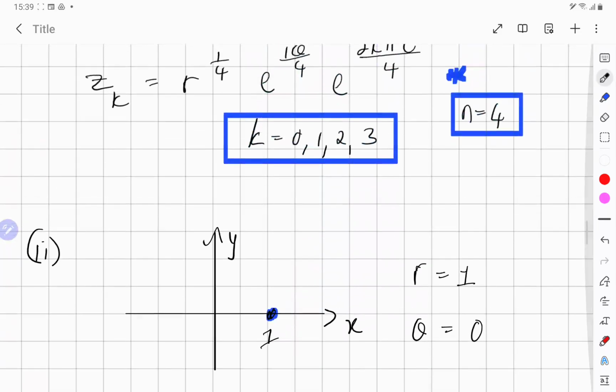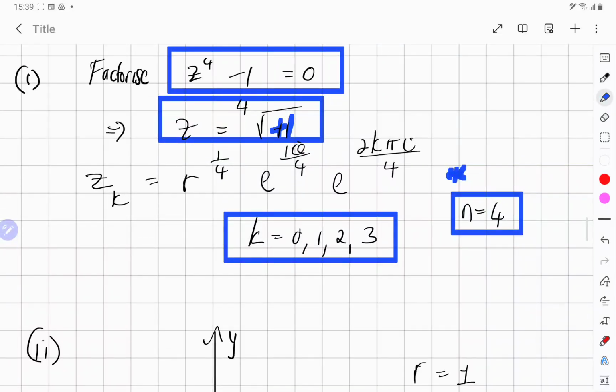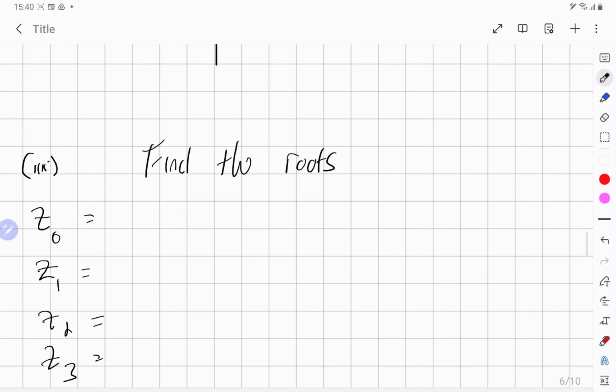So to find the roots, I'm going to substitute theta back in, and I'm going to substitute my r back in. What do I get? I get 1 to the power 4. I get e to the i theta, which is now 0 over 4, and I get 2k pi i over 4.